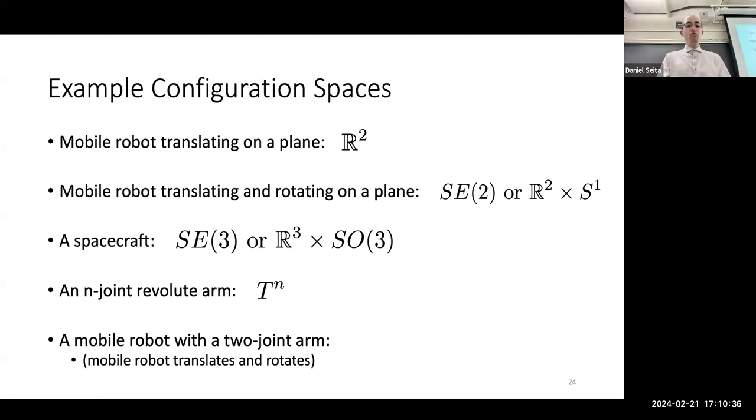And then if you have a mobile robot with a 2 joint arm, then you get the special Euclidean group SE2 along with the two joint arm. That's like you have a two joint arm attached to a mobile base that can move and rotate. So these are some examples.